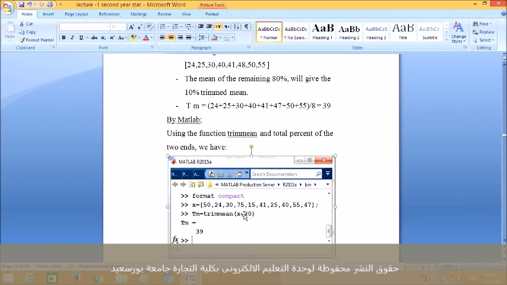So the summation of the two omitted portions is 20%. Okay, so trimmean here is equal to 39, like we computed before by hand or using the manual solution.